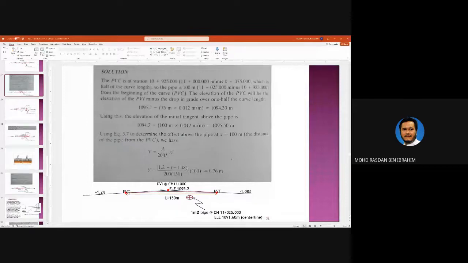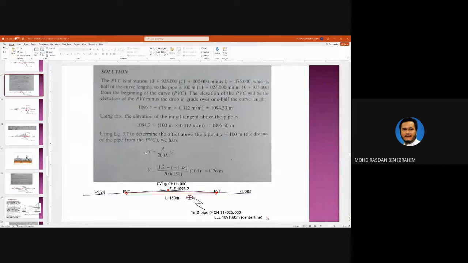So 1094.3 plus 100 meters multiplied by the gradient, the initial tangent above the pipe is 1095.5 meters.